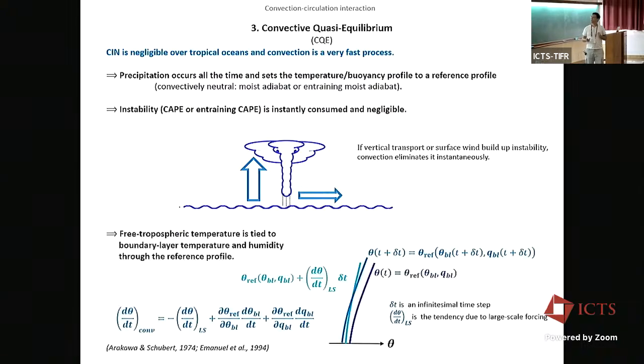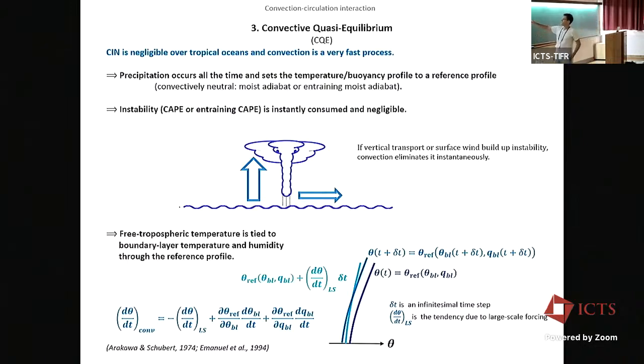So that means that our free tropospheric profile of buoyancy, at least, but we can assume that that applies both to humidity and temperature, is tied to the boundary layer temperature and humidity through the moist adiabat or the reference profile that we choose. Arakawa and Schubert actually talked just about a reference profile rather than a moist adiabat. So how does that work?